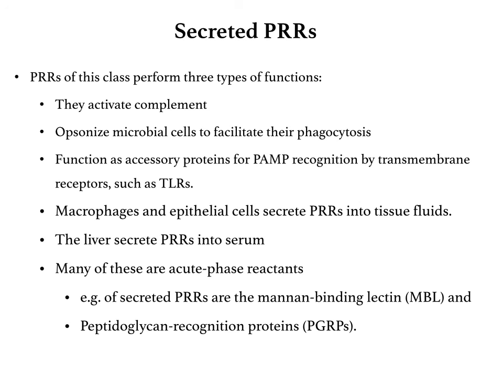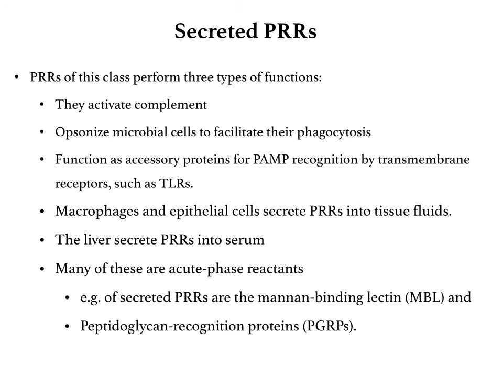Many of these pattern recognition receptors are acute phase reactants as their production is increased drastically during the acute phase responses. Examples of secreted pattern recognition receptors are the mannan binding lectins, abbreviated as MBL, and the peptidoglycan recognition proteins, the PGRPs.